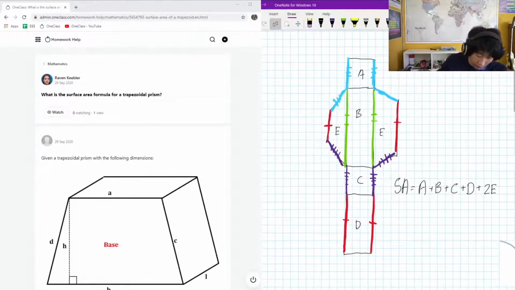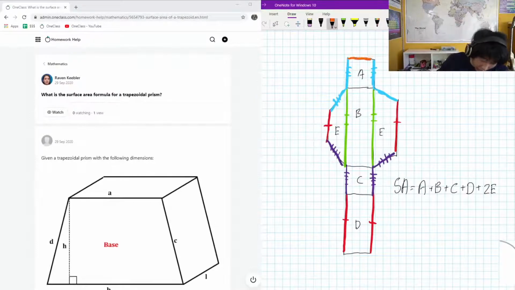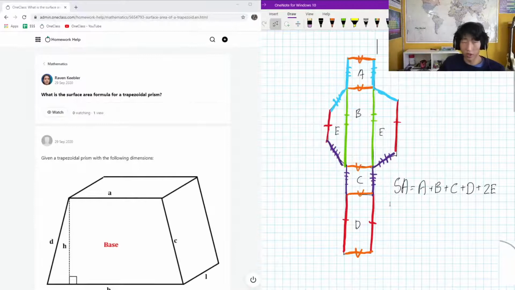Another distance to keep in mind, maybe with the orange, is that all of these lengths are going to be the same. All those orange lines are the same. So we know that A is just going to be orange and blue, and those are just going to be multiplied together. Actually, A, B, C, and D are all going to be multiplied by orange. B is going to be green.